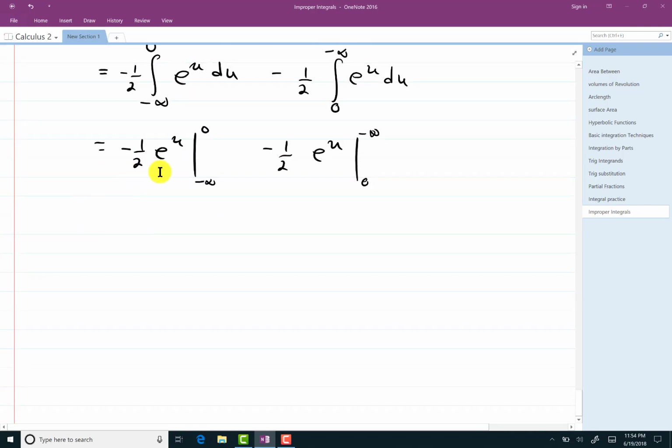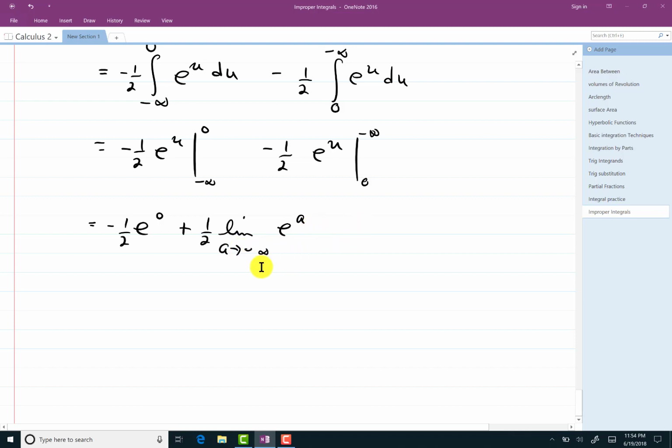Now let's plug them in. I can plug in 0, so I'll get negative 1/2 e to the 0 minus negative 1/2, so I'll have plus 1/2, and this time it'll be the limit as a goes to negative infinity of e to the a.